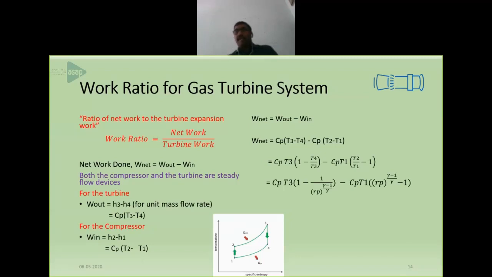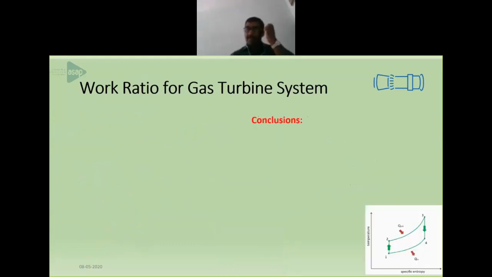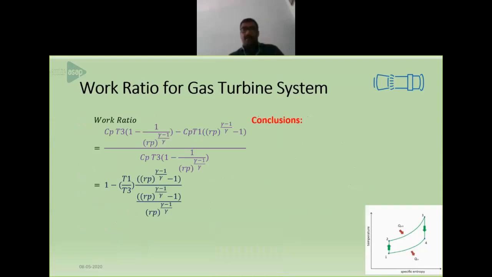Or for the temperature ratios, you are substituting the pressure ratios. So there you are getting Cp into T3 into 1 minus 1 by Rp, the whole raised to gamma minus 1 by gamma, minus Cp into T1 into Rp raised to gamma minus 1 by gamma minus 1.